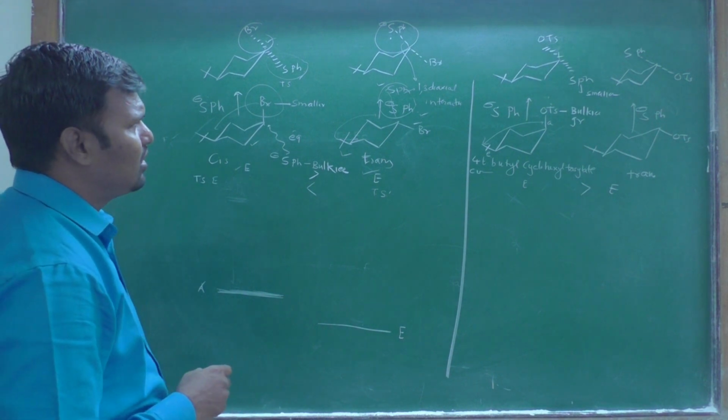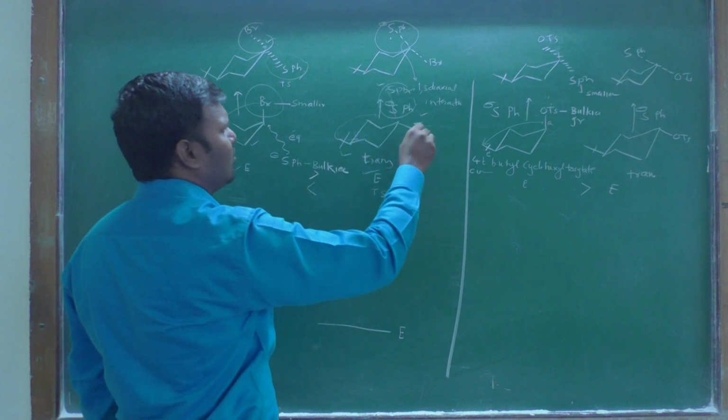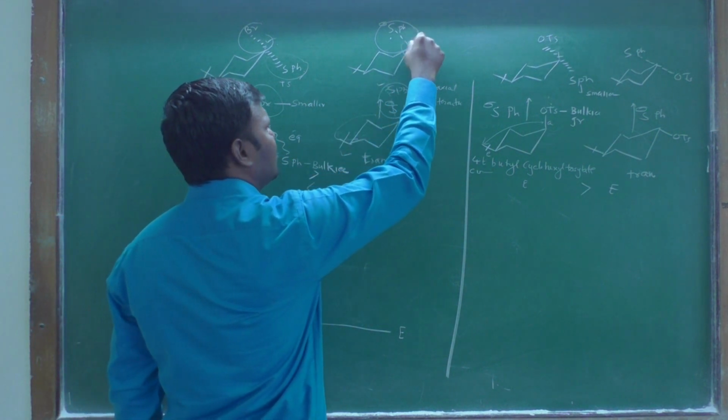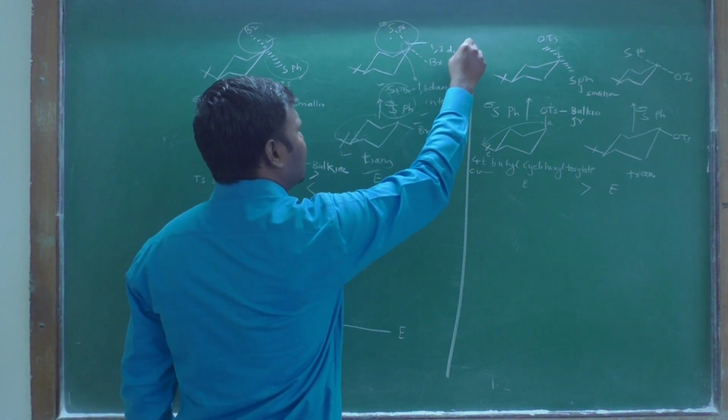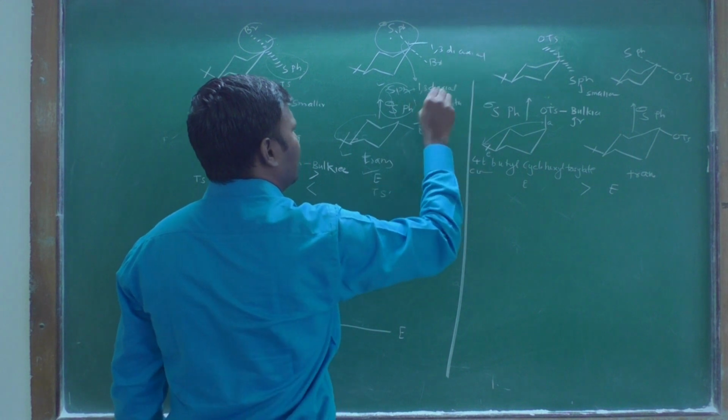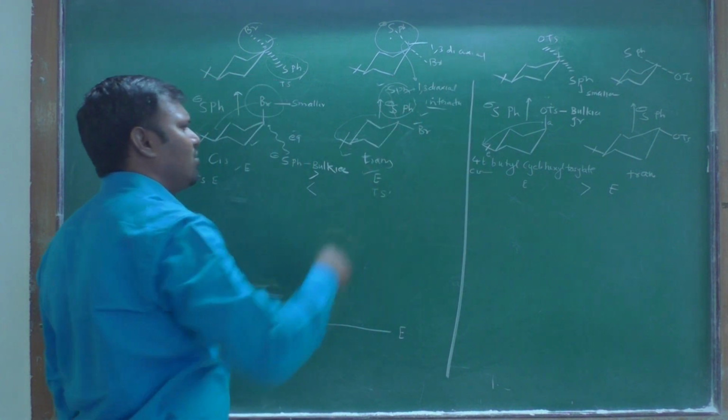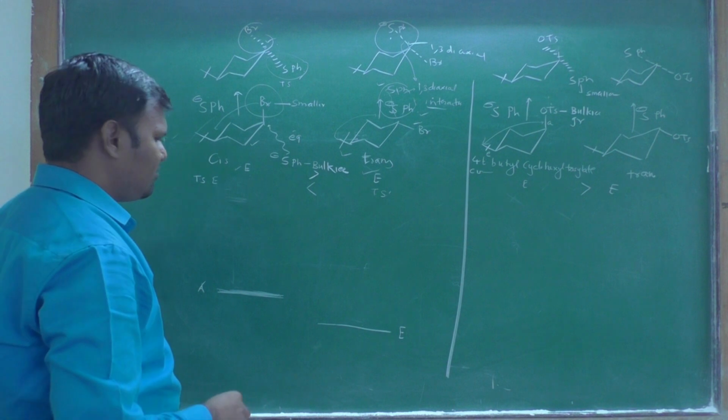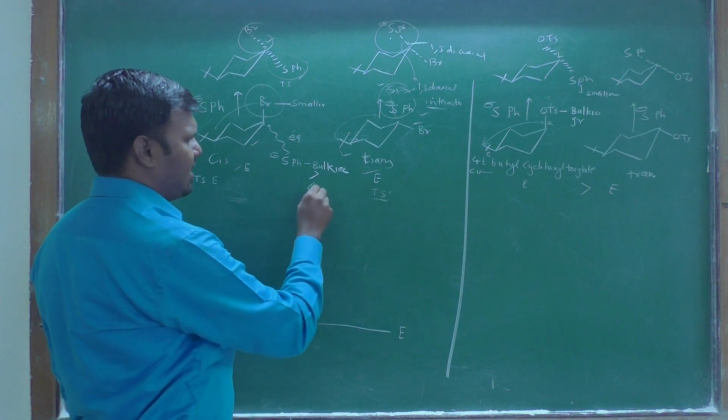Therefore when your group is equatorial, you find the 1,3-diaxial interaction when you attack from the axial side, and its energy is higher.